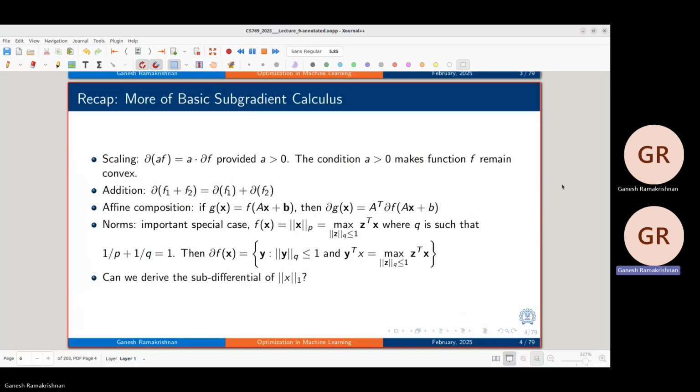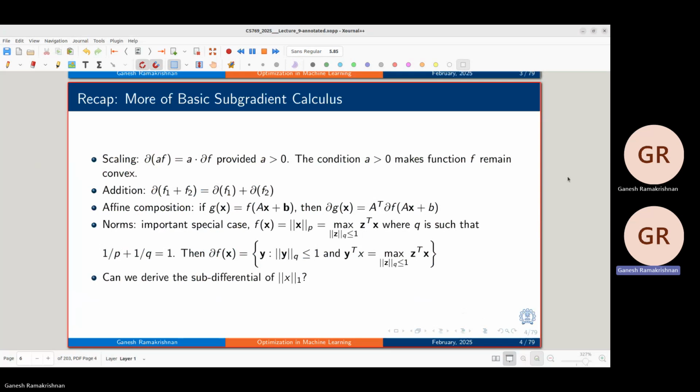Okay, so this was primal, but from the dual definition of the one norm, of p norms in general, we showed an interesting characterization of the subdifferential. What was that characterization? This led to the subdifferential of the p norm of x.